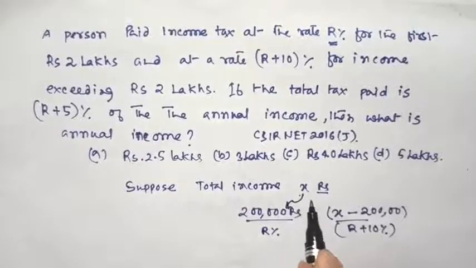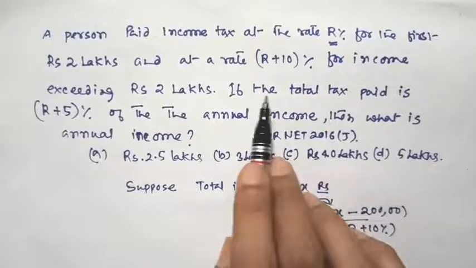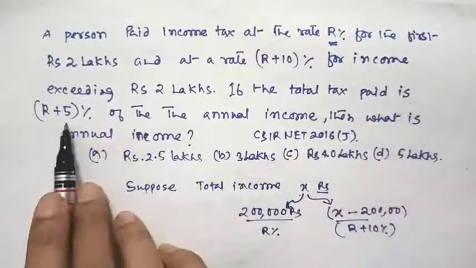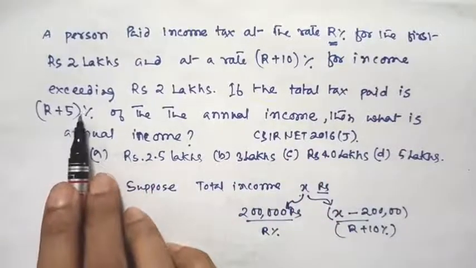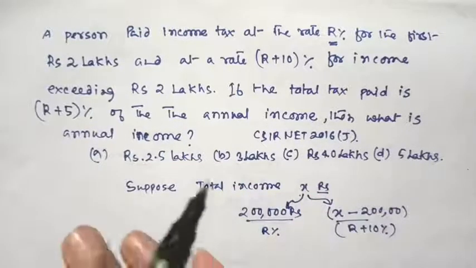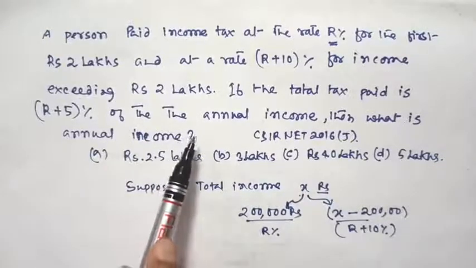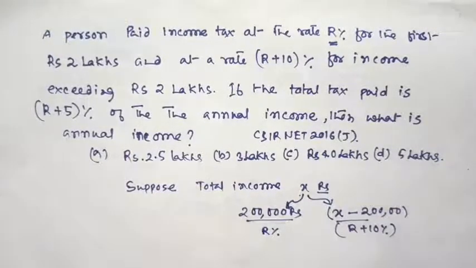This was given in the question. It is also said that the total tax paid is R plus 5% of the total income. What is the total income? As a total, he was paying R plus 5% of income tax.